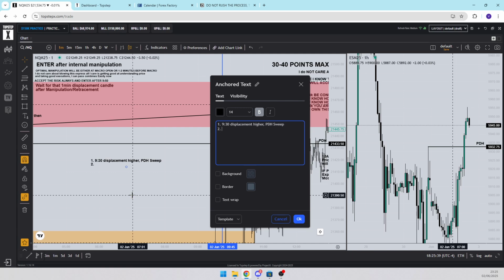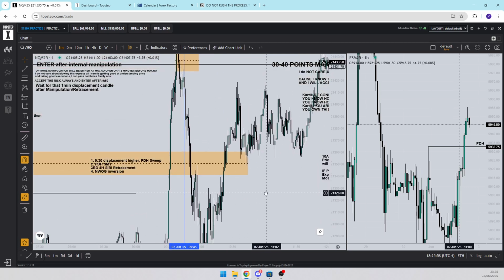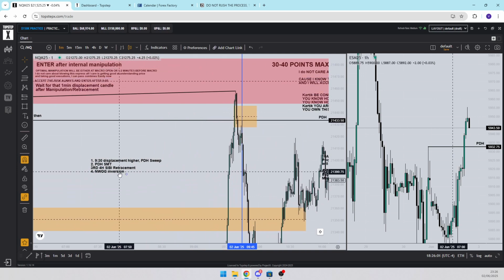Three, the CB retracement. Four, the new week opening gap inversion. You just gotta use new week opening gaps as inverted fair value gaps, to be honest, on the higher time frame. So we do have full confluence.